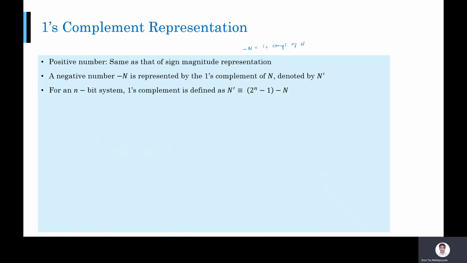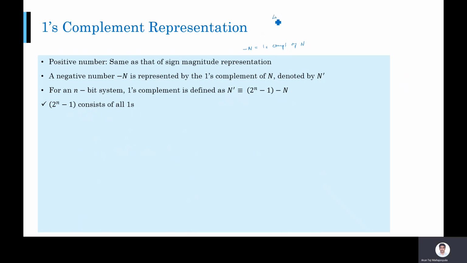Okay, so what is 1's complement? By definition, 1's complement for an n-bit number is n prime is equal to 2 to the power of n minus 1 minus n. Okay, that is the definition. Now we know that 2 to the power of n minus 1 consists of all 1s, right?